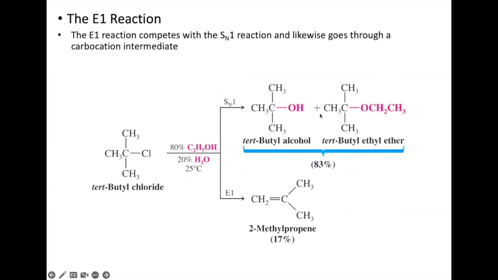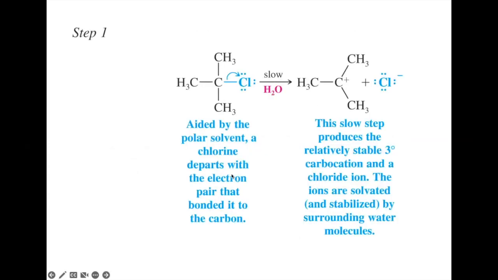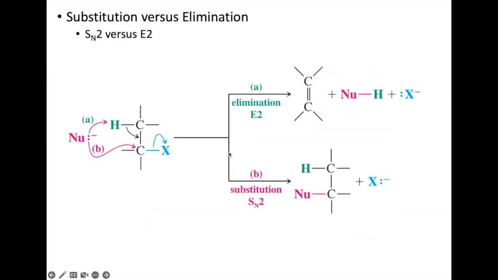Okay, so pwedeng it will undergo SN1 or it can undergo elimination reaction, depending, of course, on the conditions, no, of the reaction. Okay, so SN2 and E2 are competing reactions.